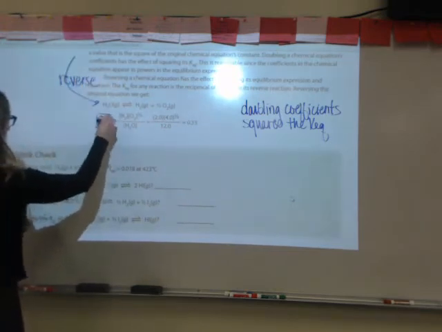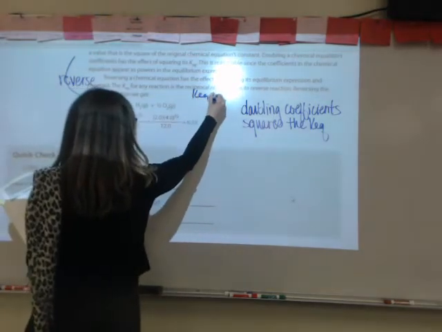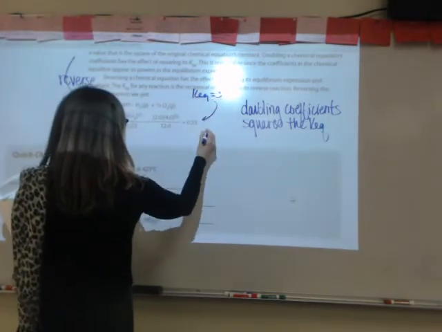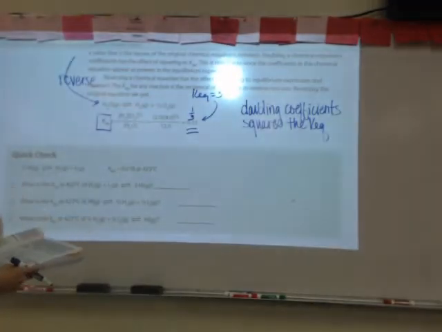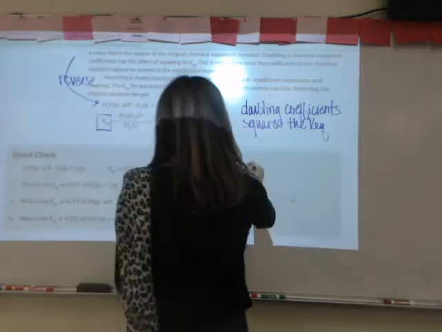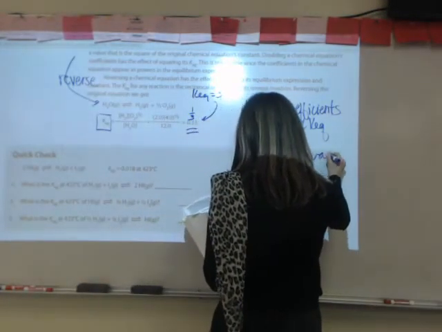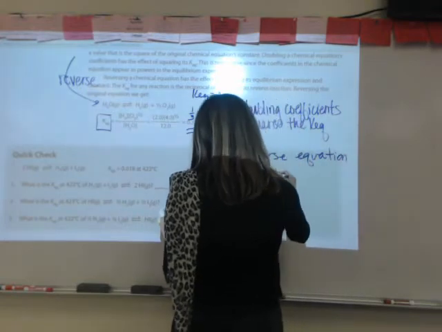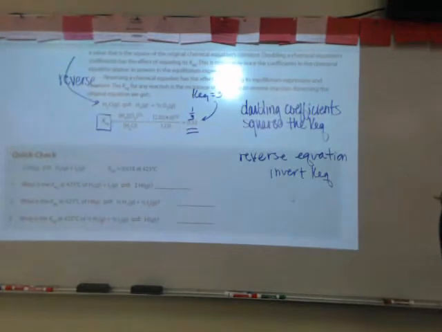And your KEQ now is 1 over, because originally the KEQ value was 3, and they just took 1 over 3, which gives you 0.333 if you reverse it. So if you reverse the equation, you will invert your KEQ.